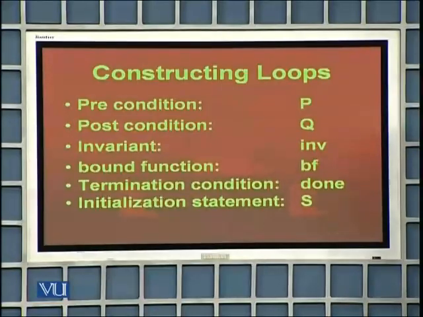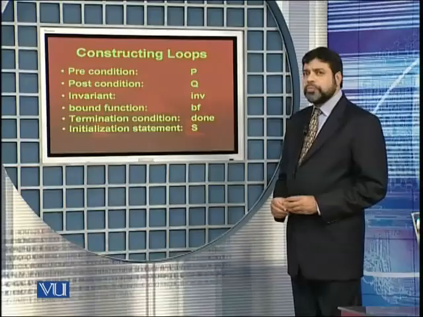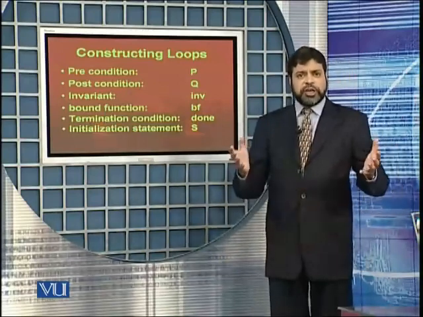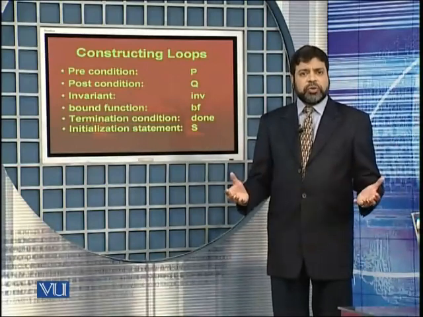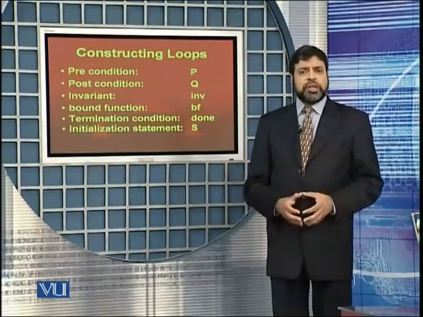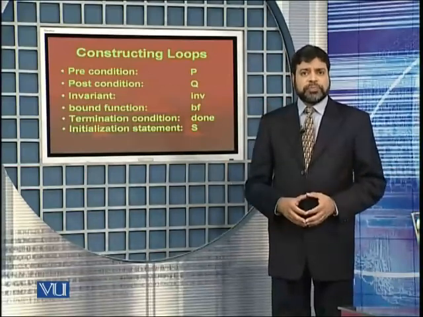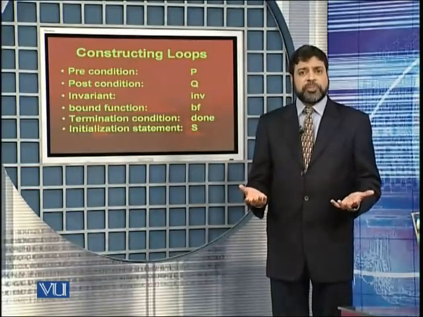Next is the termination condition of the loop, and let us call it this Boolean variable done. This termination condition क्या है? Termination condition is that condition that you need to check to exit the loop. And this termination condition in many cases is very, very closely related with the bound function. Or you can say the bound function is very closely related with the termination condition.